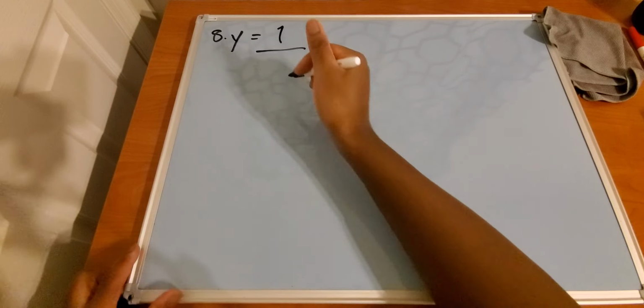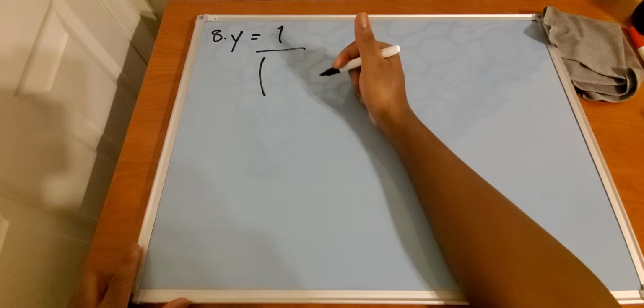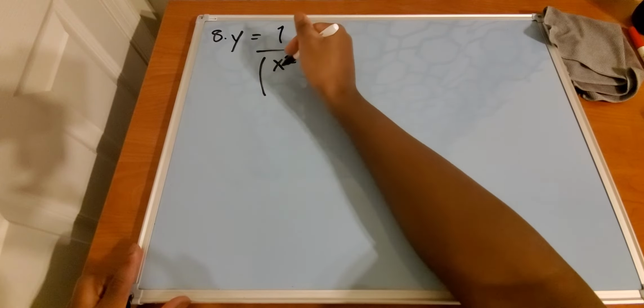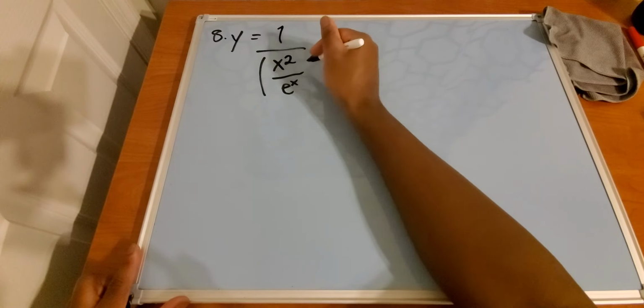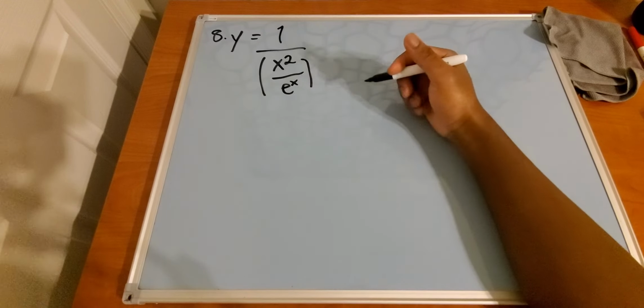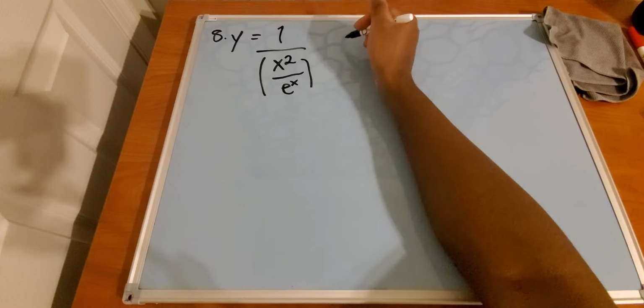So the last question I have for you guys is question number 8, which I believe is an important one. We have y is equal to 1 over parentheses x squared over e to the x. This looks like reciprocal rule, but let's write it out and see what happens.